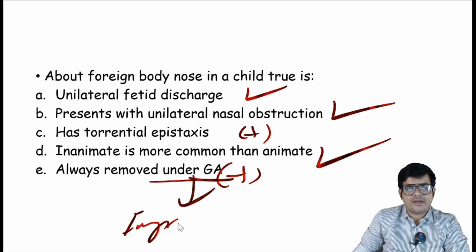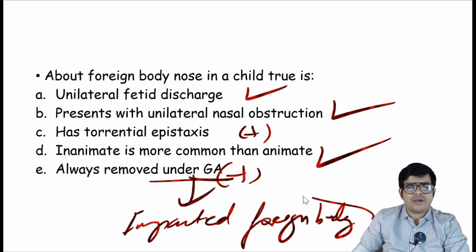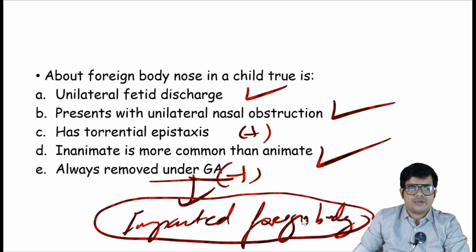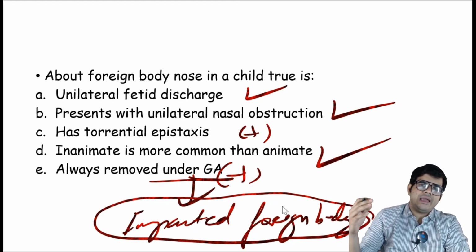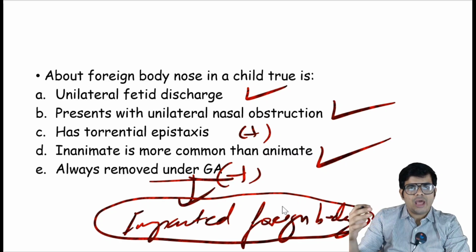Okay, impacted foreign bodies. But I think in Western countries, they don't try such heroism. They directly give a GA to the child, and they will remove it only under GA, because of the trauma to the child. The child will of course resist, so you will have to bind him, you will have to mummify him.